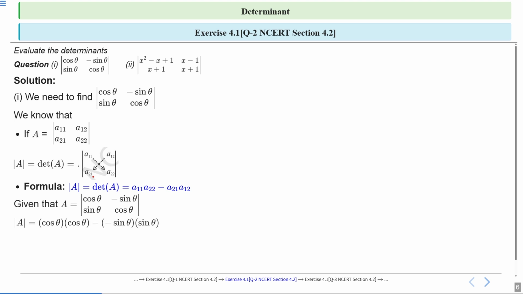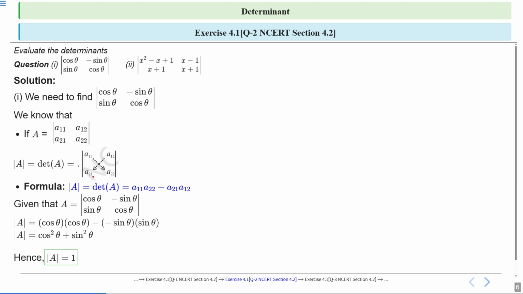So the determinant of matrix A is cos theta, A11 into A22, that is again cos theta, minus A21 entry, which is sin theta, into A12, that is minus sin theta. So when we multiply, we get cos square theta plus sin square theta. We know by trigonometry the value of cos square theta plus sin square theta is 1. So the determinant of this matrix is 1.